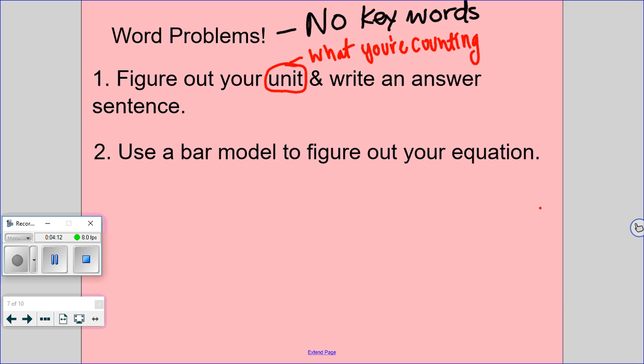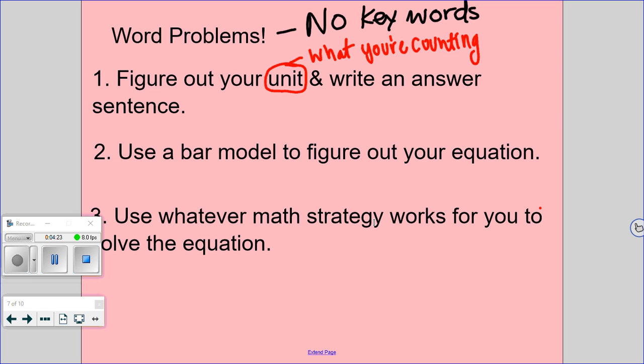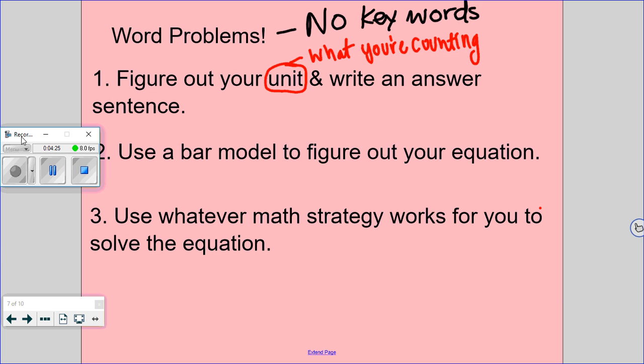So now we figured out what it is that we're counting. We have made our bar model and we have figured out what math we're going to use for this equation. Step 3, use whatever math strategy works for you to solve the equation. So if it turned out to be a multiplication problem, and you like to use circles and dots, use circles and dots.